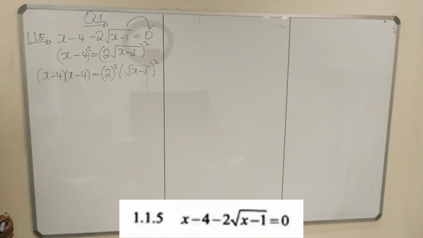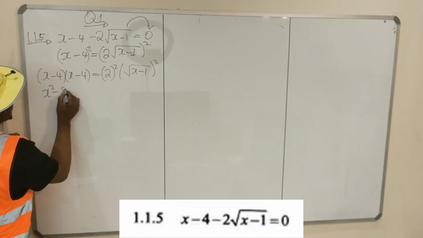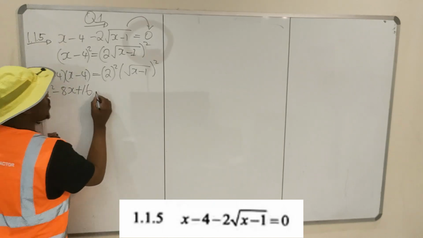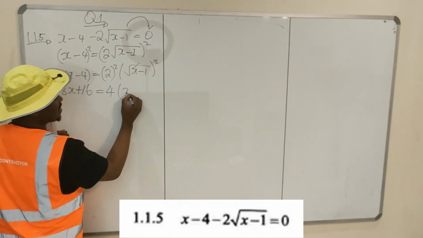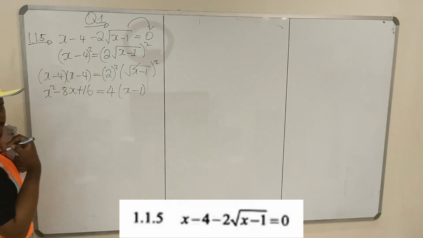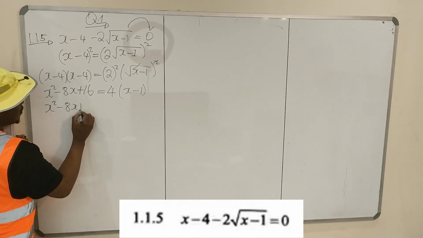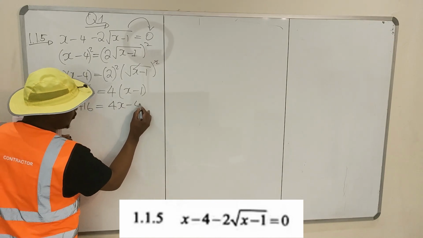Is everyone happy? Yes. Then the answer of this will be x squared minus 8x plus 16 is equal to 4 times the answer of this, which is x minus 1. So we have x squared minus 8x plus 16 is equal to 4x minus 4.